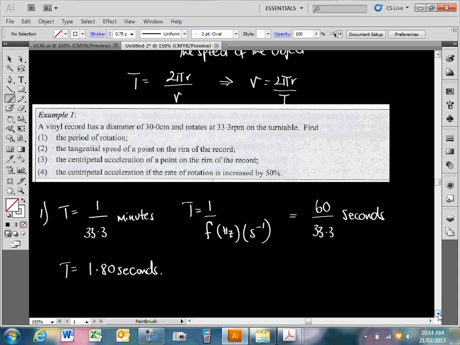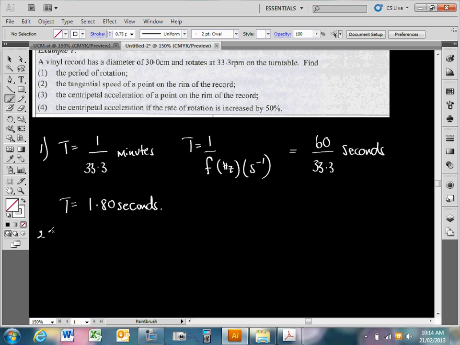What formula might we use for part 2? Tangential speed, which is V, or S, of a point on the rim of the record. We just looked at that. V equals 2 pi r over T, and I'm going to change the diameter of 0.3 to meters, so the radius is 0.15.